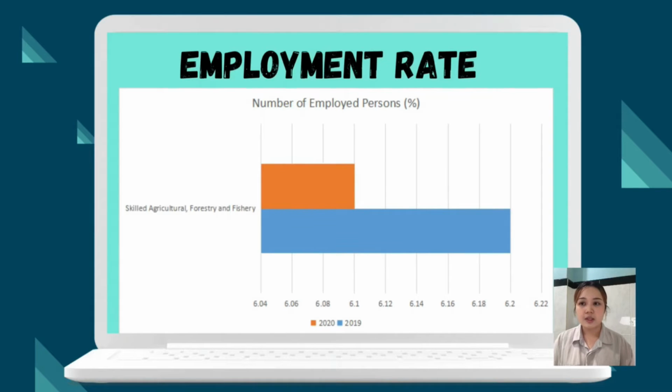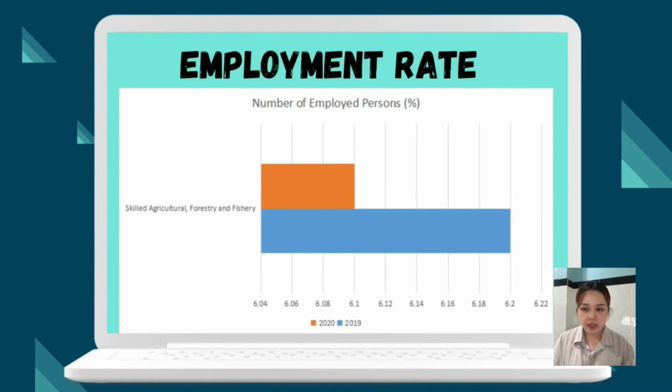As shown in the graph, in 2020 the employment rate of the agriculture sector is lower than the previous year, 2019. It dropped by 0.1%, where the employment rate in 2019 was 6.2%, and in 2020 it is only 6.1%.